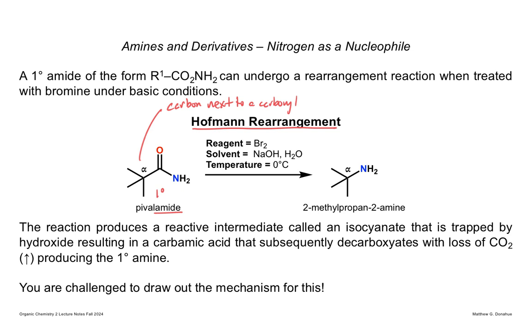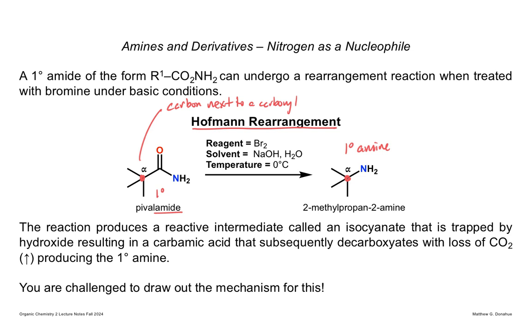So what happens is, in the Hofmann rearrangement, the nitrogen will actually migrate over to the alpha carbon. The rearrangement happens because you break this carbonyl alpha carbon bond, and then we end up with a primary amine. And notice that the nitrogen is now bonded to that alpha carbon.